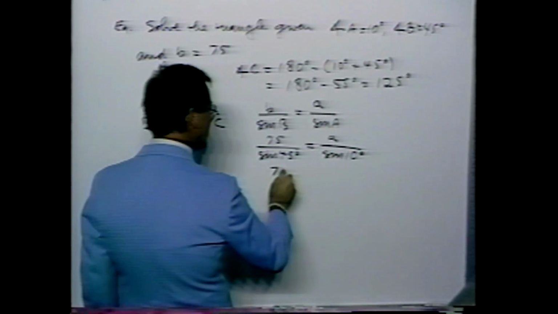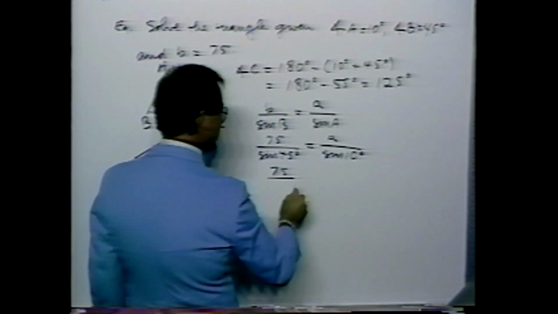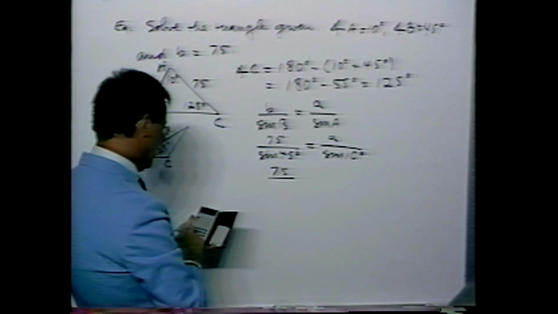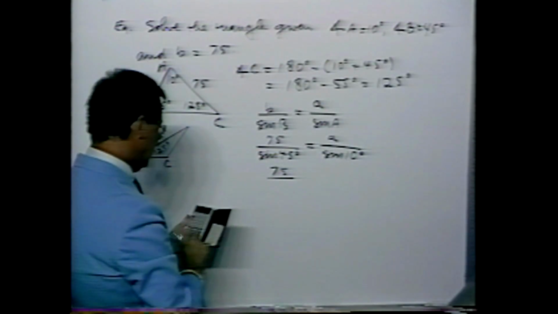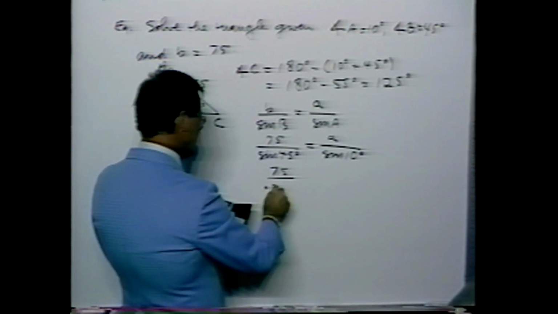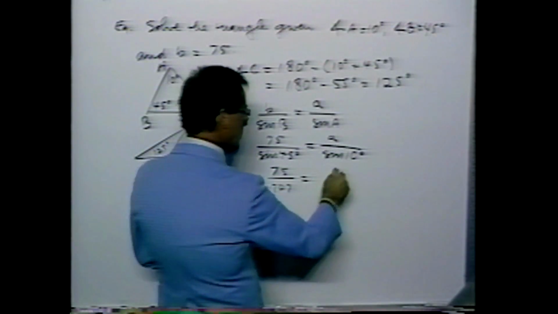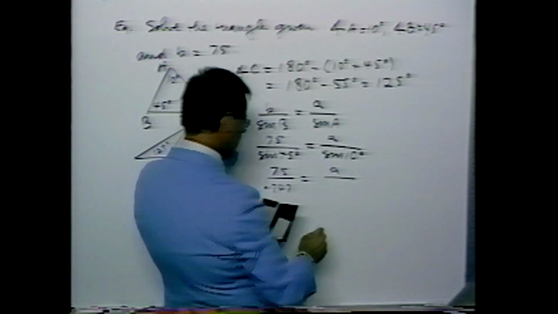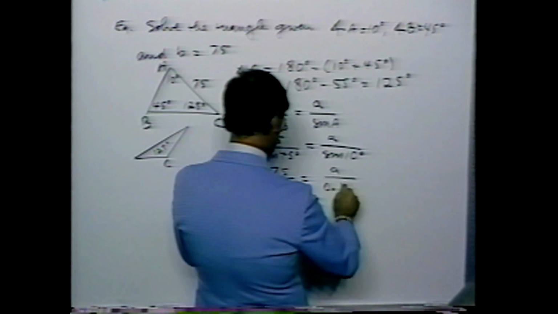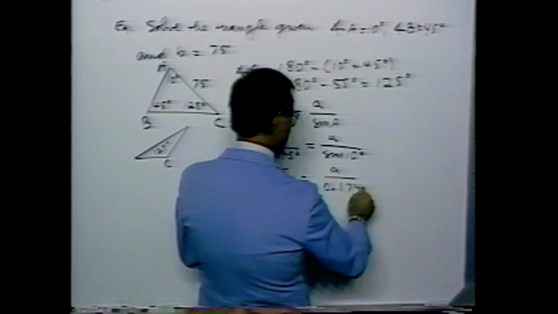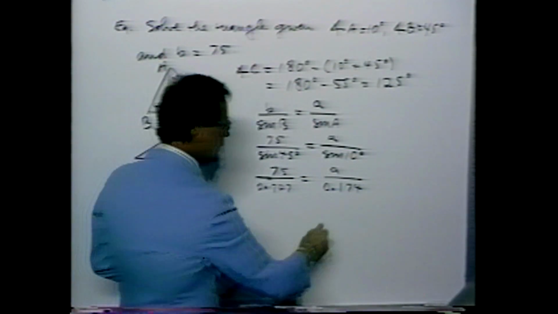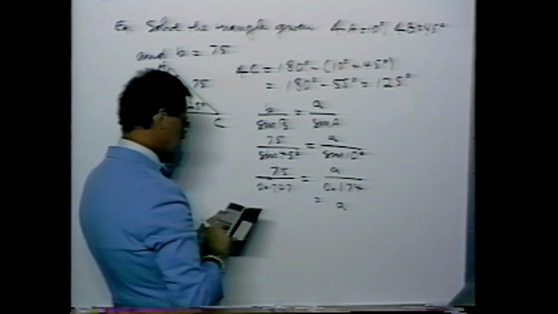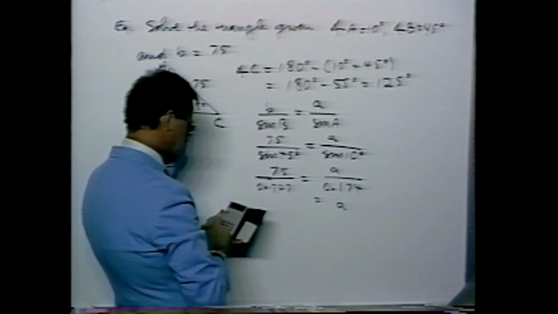Substituting for those trig expressions their functional values, the sine of 45 is approximately equal to 0.707, and the sine of 10 degrees is equal to 0.174 approximately. a can now be found by multiplying 75 by 0.174 and dividing by 0.707.